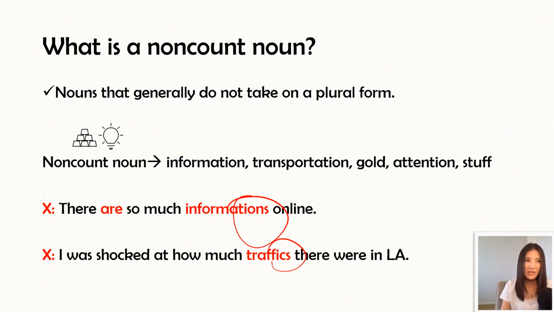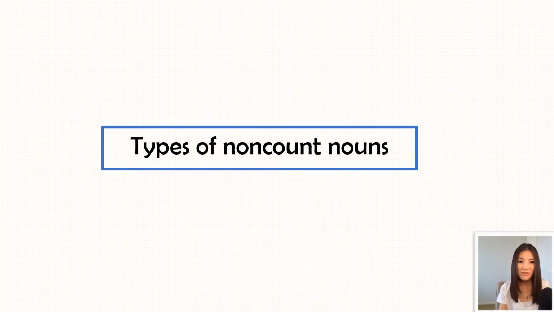If we cannot differentiate between a count noun and a non-count noun, most likely you will make mistakes with articles like a or an, or you will have subject-verb disagreements. The list of non-count nouns is really long, so I think it might help us to just know the different types of non-count nouns there are so that we can better differentiate between count and non-count.